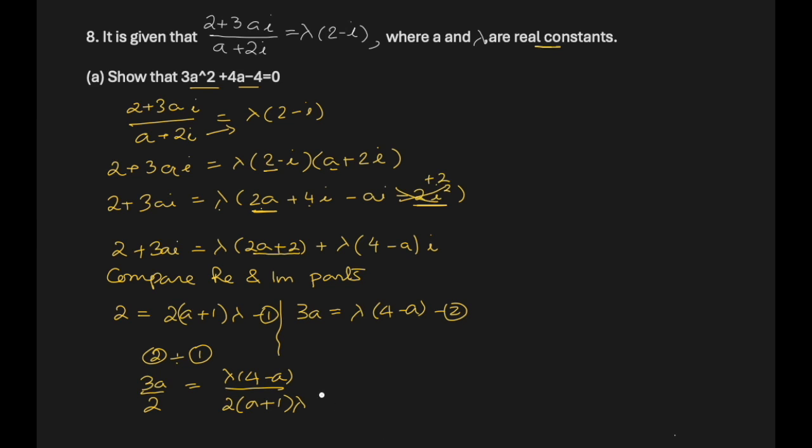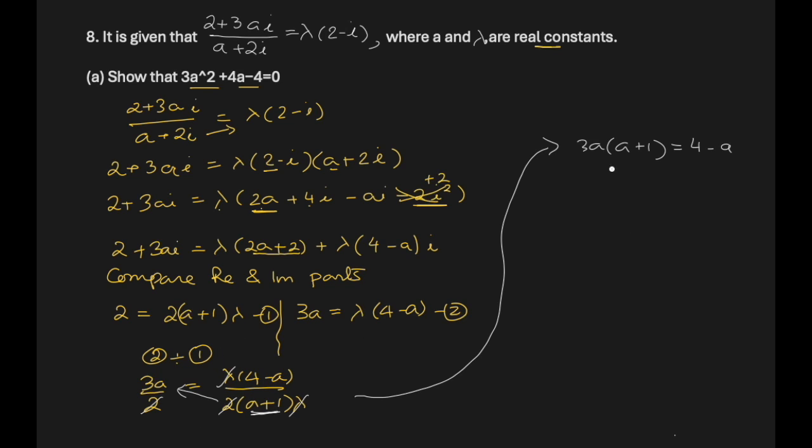So we can see something is getting cancelled here. Lambda and lambda cancel. This 2 can cancel with this 2. Okay, so a plus 1 is the only denominator left, which we can cross multiply. So 3a multiplied by (a + 1) equal to 4 minus a.